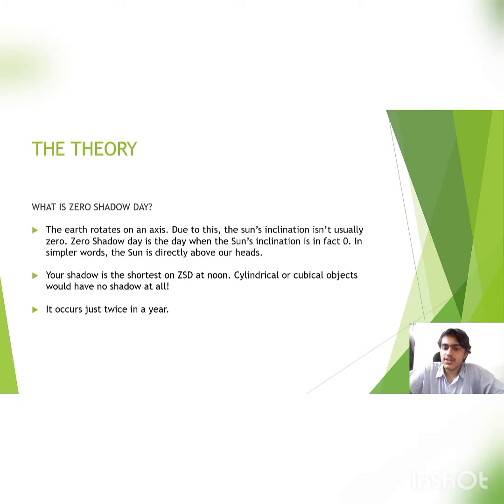One of the first things that we learned was what exactly a zero shadow day is. Earlier, we had just assumed that since the sun is directly overhead at 12 noon, the shadow would be non-existent for that period of time. But because the earth rotates on a tilted axis, the sun's rays come at an inclined angle.